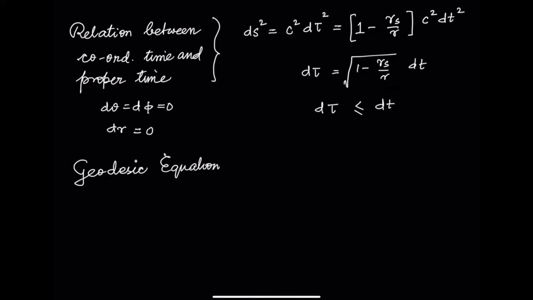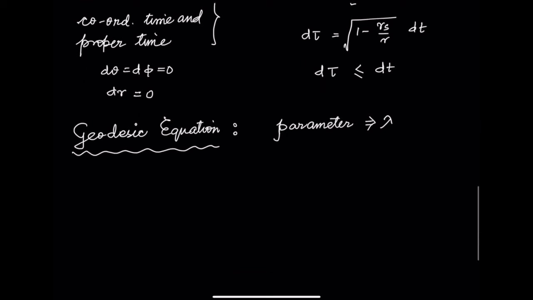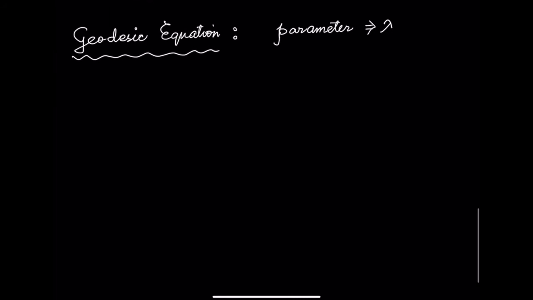There will be 4 of them because you are dealing with 4 dimensions, and I will consider the parameter to be lambda. We can set it to tau whenever we want, but we will consider it lambda in general because then the equations that we'll write down will also work for light-like geodesics.